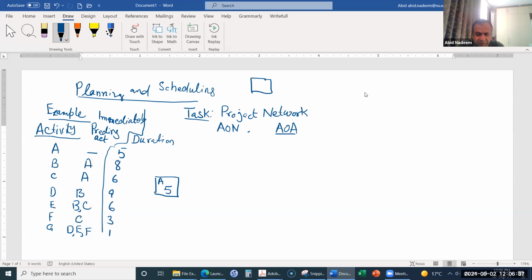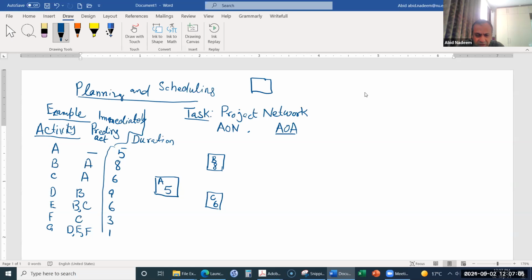Next, after A, I can see that there are activities B and C, which both have A as their immediately preceding activity. In the activity on node network, the precedence relationships are represented by arrows. So I will draw activity B somewhere here, and then activity C here, and maybe I can show their durations as well, 8 and 6.